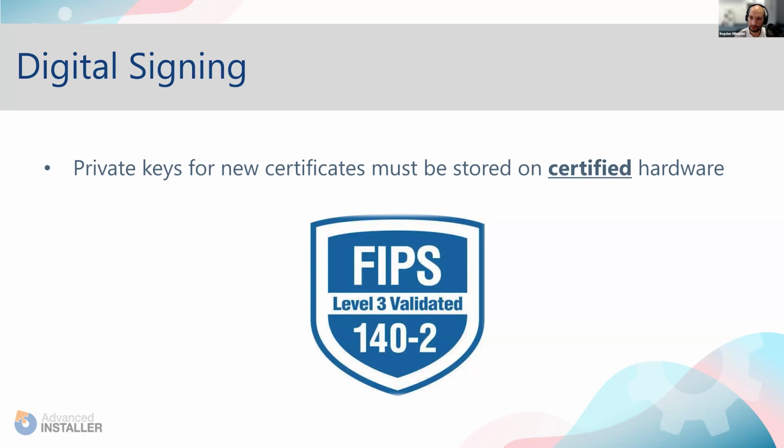And probably other vendors are starting to offer a similar service too in this area. Or if you have inside your company's hardware servers that provide this level of certified hardware, then you can store them on that kind of hardware too. But that's rarely the case.